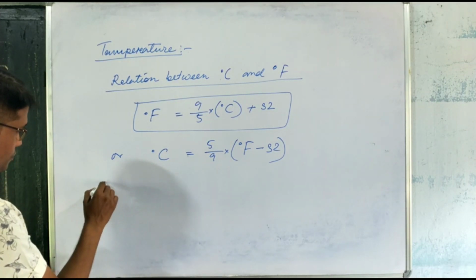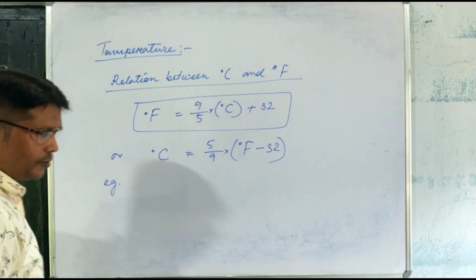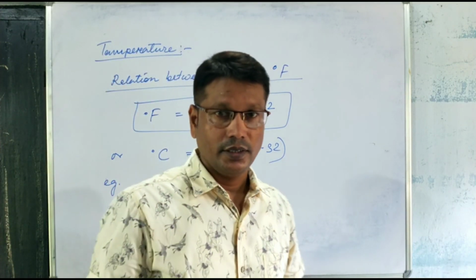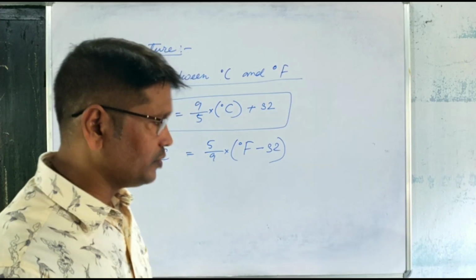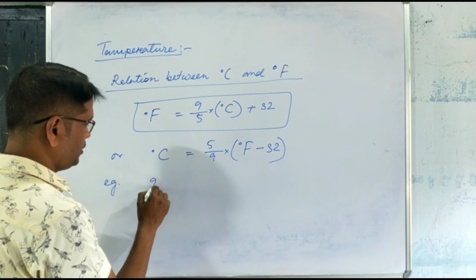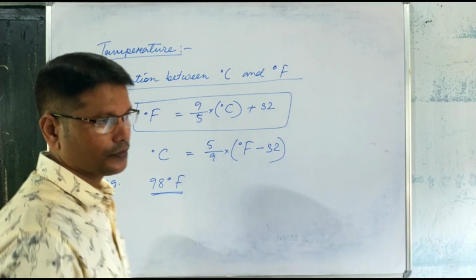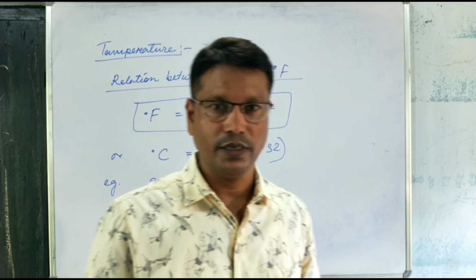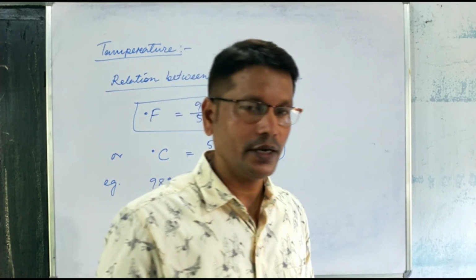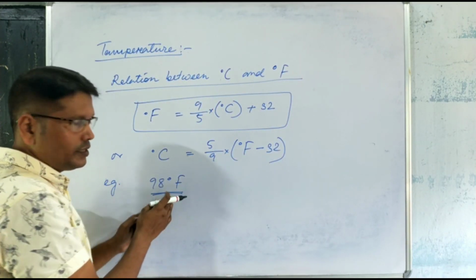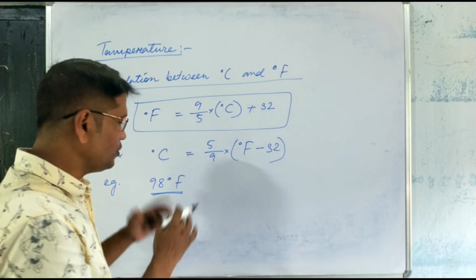For example, you know the normal temperature of the human body is 98 degree Fahrenheit. Now, if we convert it into degree Celsius, what will be the value?